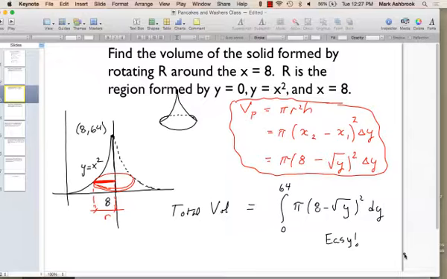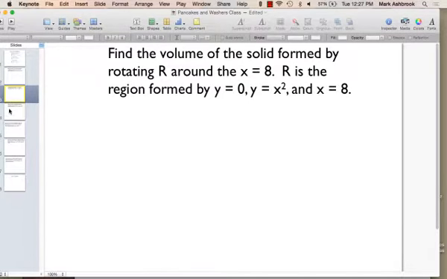Questions on this? Anybody have a question? All right. Oh, lucky you. We get the same region again. And now we're going to rotate about the line y equals 70.